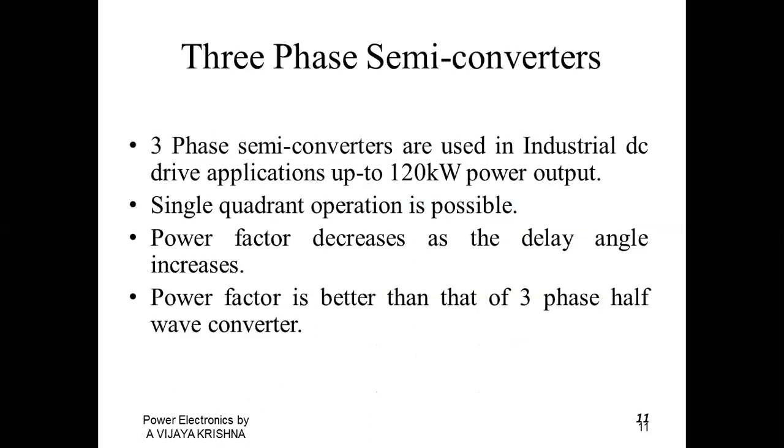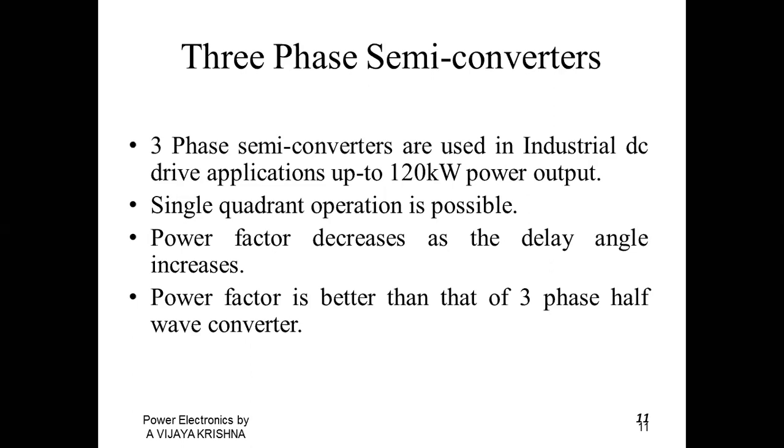Next one, the three-phase semi-converters are used in industrial DC drive applications up to 120 kilowatt power output range. Next, single quadrant operation is possible by using only semi-converters.